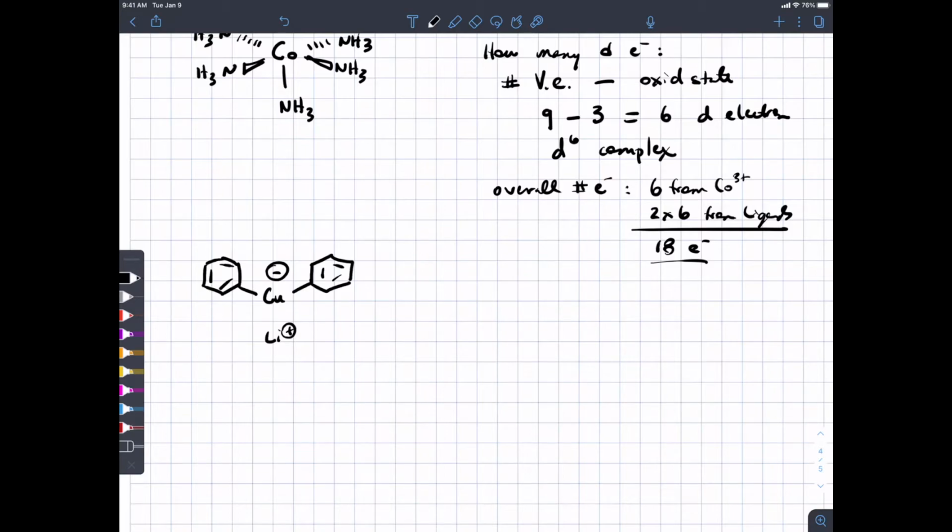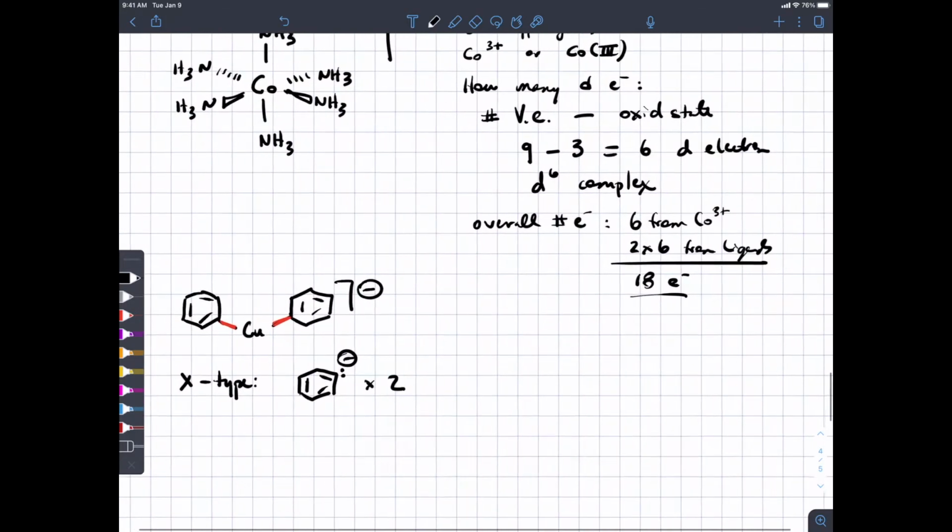So the overall charge on this complex is, and we'll just forget about the lithium, which is a counterion, negative. Now, both of these ligands are what type? If they left, they are X type. If they left with their electrons, they would be negatively charged, right? We've got 2 of them.